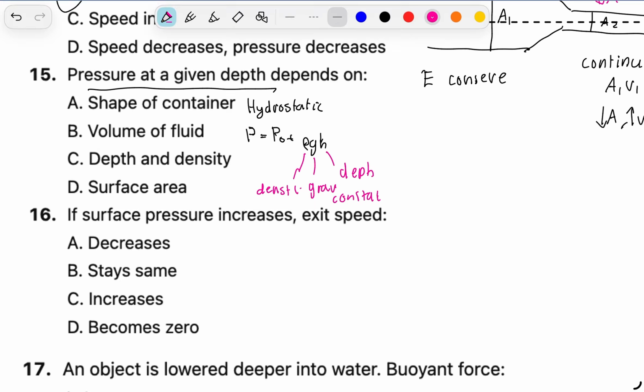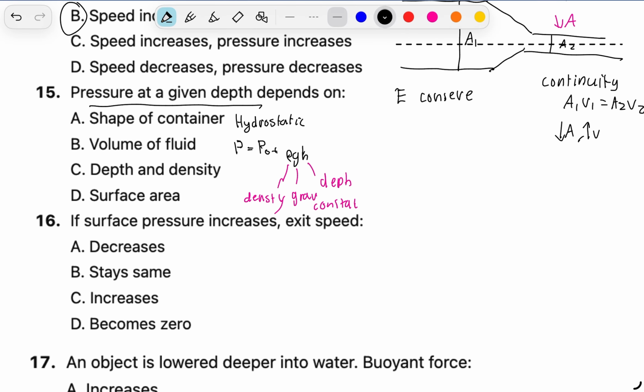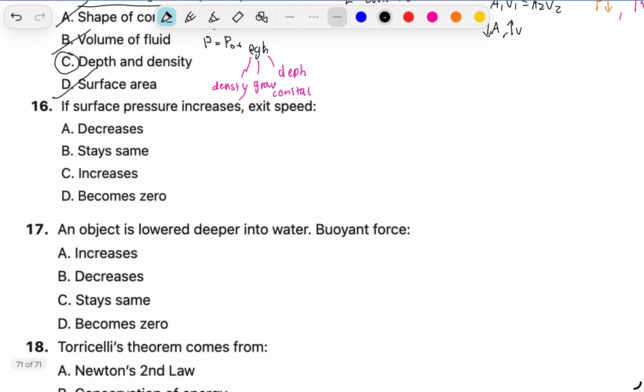So what does it not depend on? Here we're given options of shape, but the shape of the container is not even in the equation. Neither is the volume of the fluid, nor our surface area. That's not here, so we can see clearly that only our depth and density are in our equation.